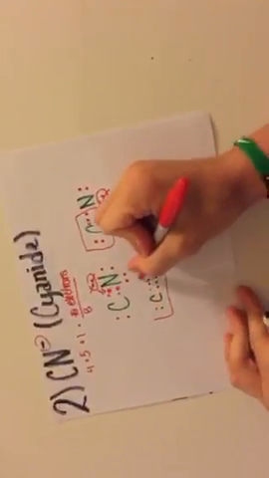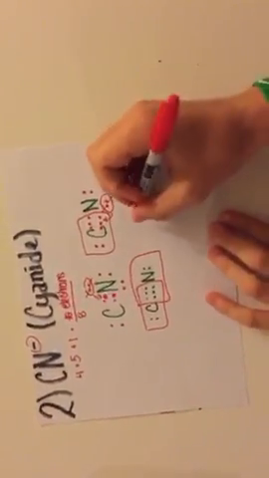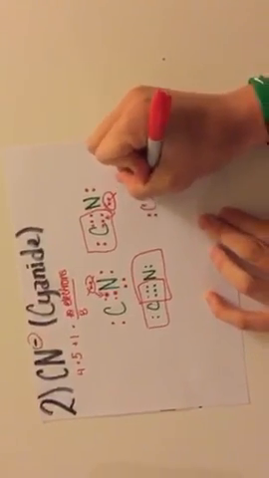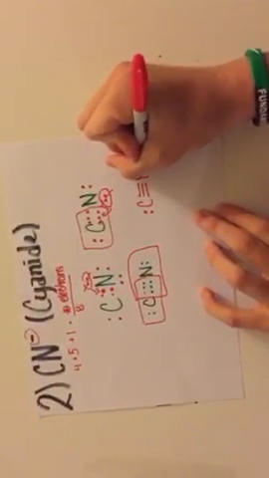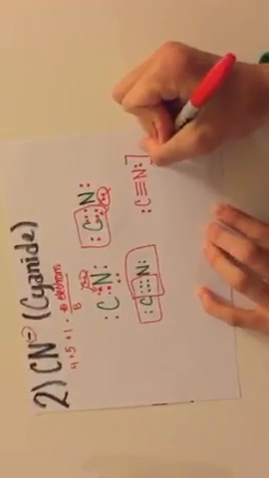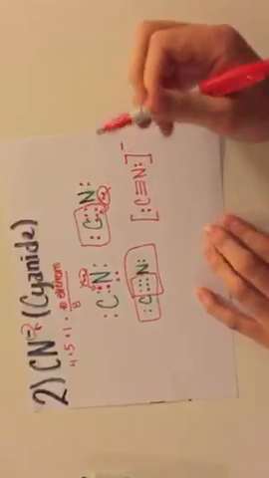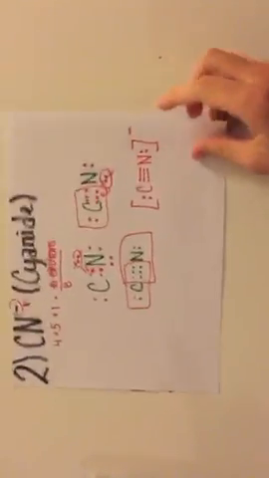And if you notice, each atom has 8. So it's time to draw our final structure, which will look like this. And it's time to add the brackets and then add our negative charge. So there's our final cyanide Lewis dot structure.